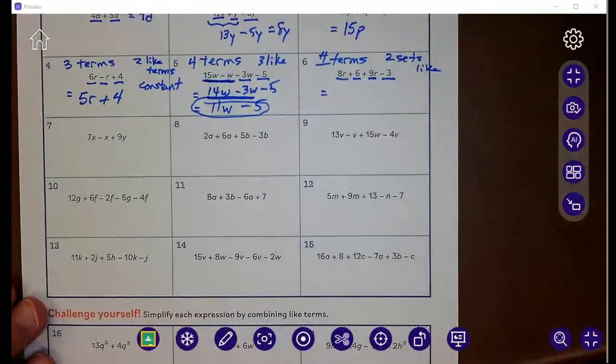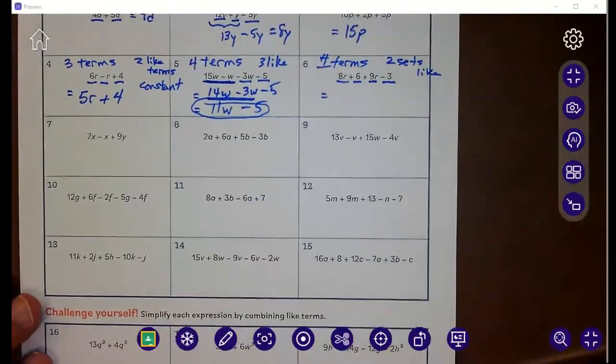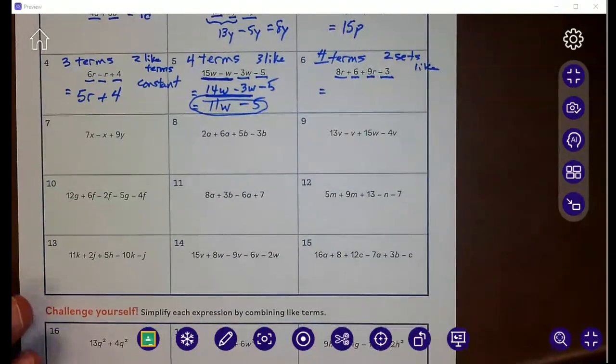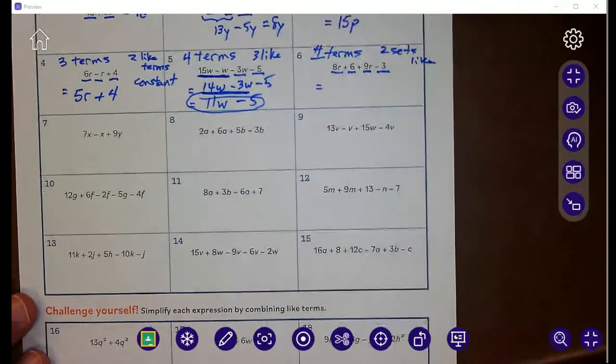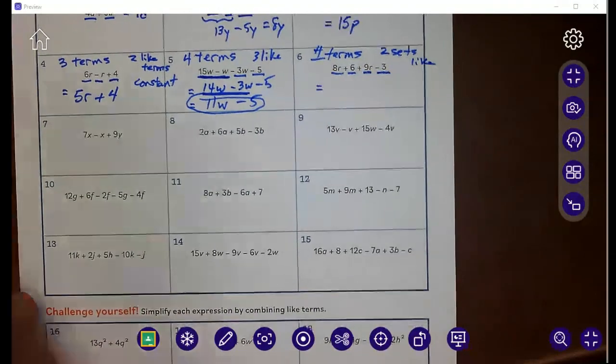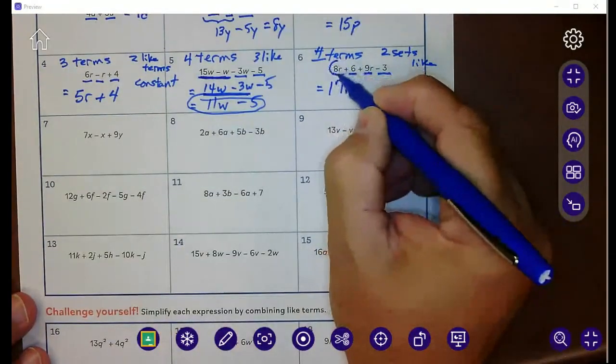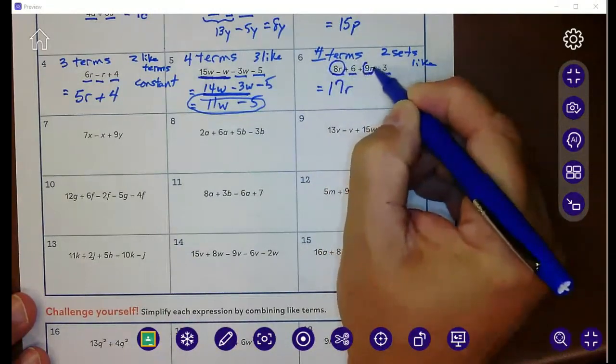All right. And so Miss Allman, what do I get if I combine 8R and 9R? Very good. 17R. We're combining the 8 and the 9.